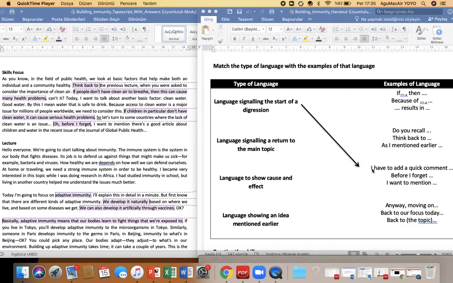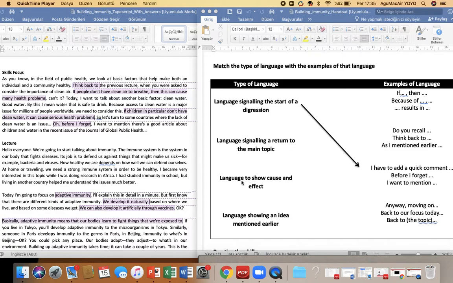So these are the start of a digression. And look at this one, language signaling a return to the main topic. Anyway, moving on, back to our focus today, back to the topic. So these are the examples of language signaling a return to the main topic.